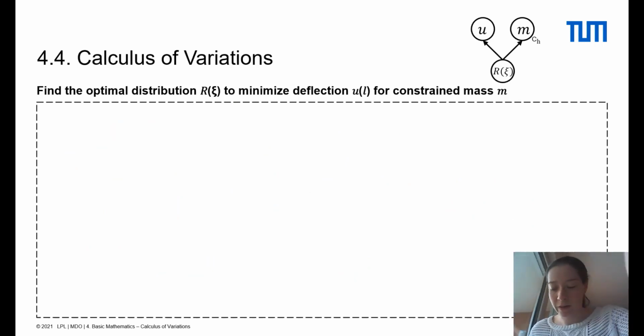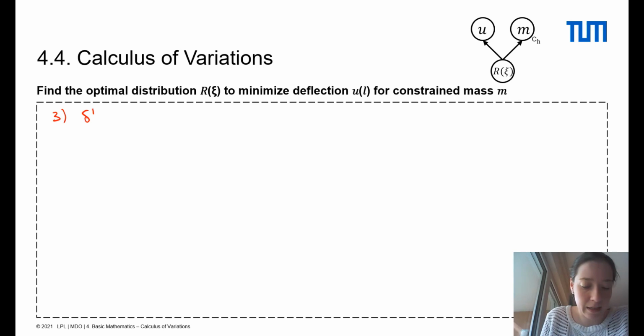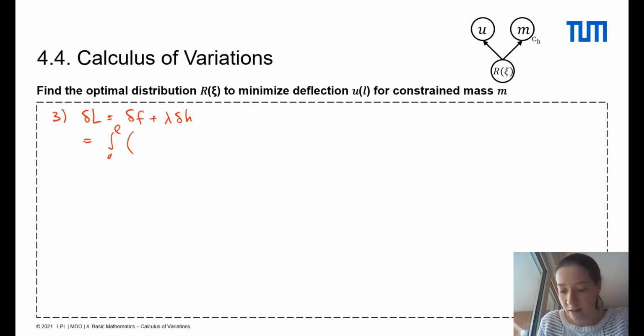Now we can find the optimal distribution. We can build delta L, which is delta F plus lambda delta H. So here it is, I can combine the two integrals.